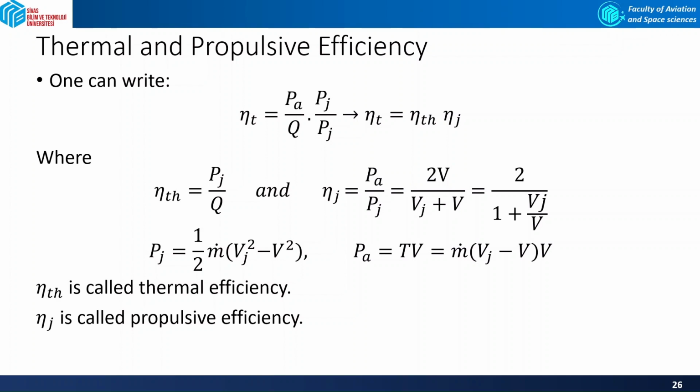This increase in kinetic energy of the flow per second is what we call jet power, and it is the kinetic energy rate behind the engine minus the kinetic energy rate in front of the engine. We are showing this jet power with P J in this slide.